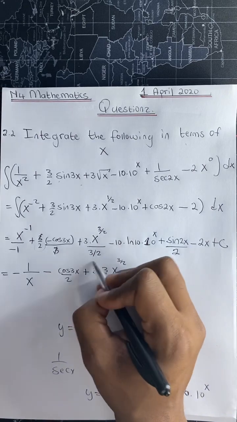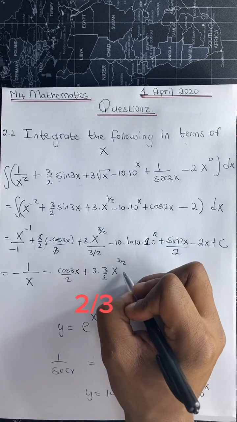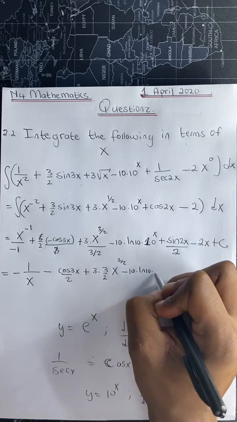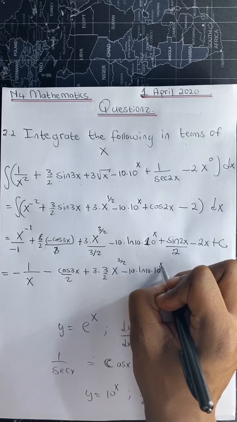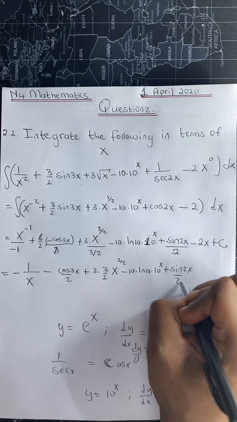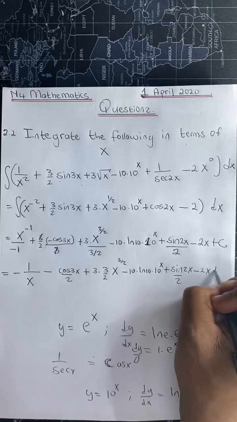When you simplify this, it will give you minus 10 multiplied by ln of 10 multiplied by 10 raised to the power x, plus sin 2x over 2, minus 2x plus c.